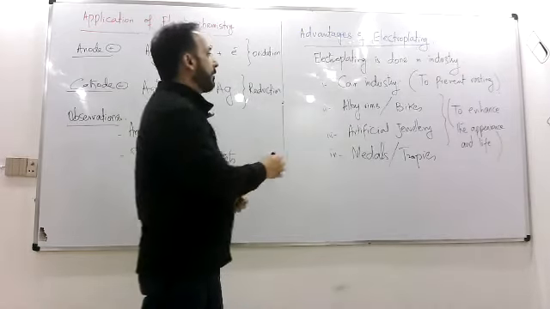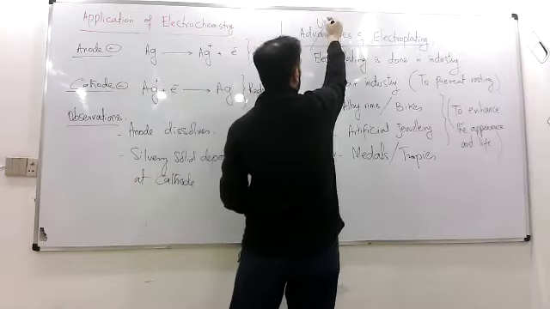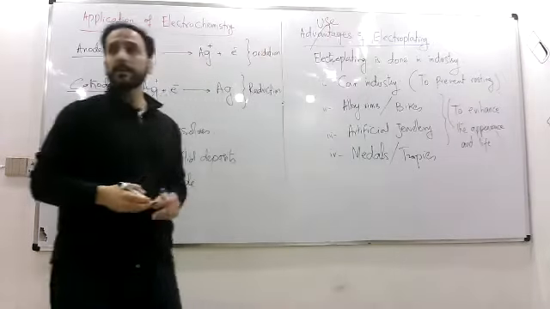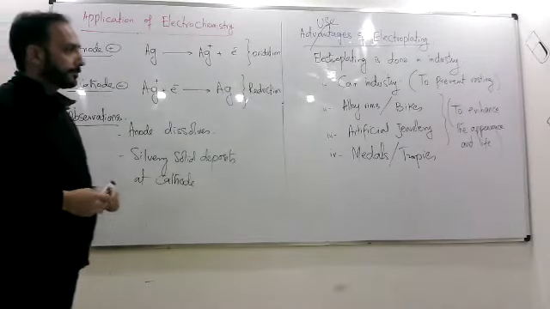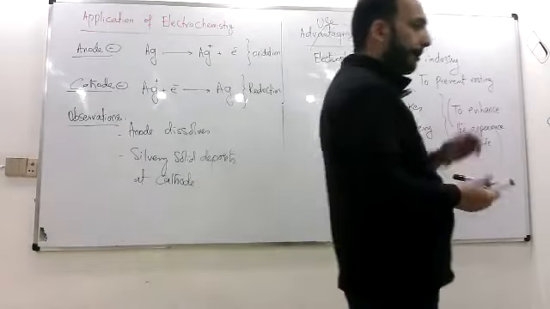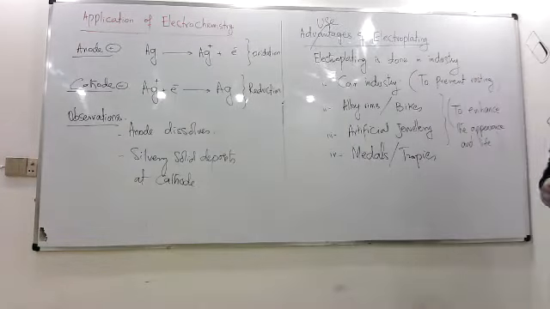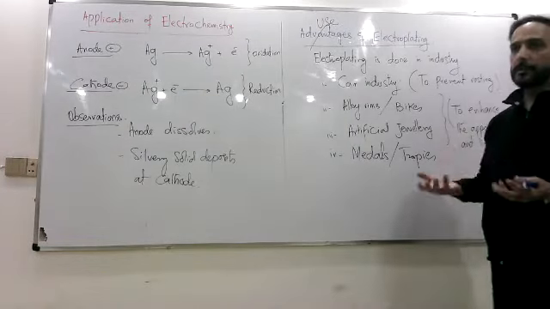You can call that an advantage or a use, use would be the better word for it. Use of electroplating on industrial scale. To enhance the appearance, it will come under that.